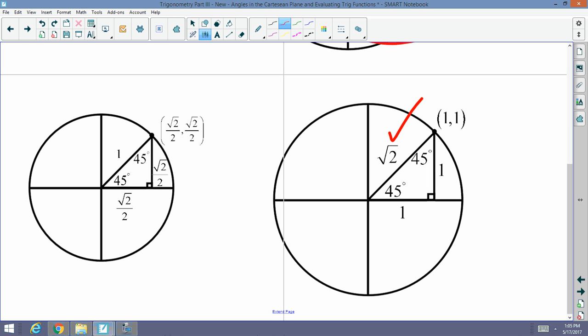What's square root of 2 over 2 times square root of 2? Well, square root of 2 times square root of 2 is 4. Square root of 4 is 2. 2 over 2 is 1. And again, square root of 2 times 2 over 2 is 1 again. So that's how we have my 45, 45, 90 triangle. That is 1, 1, square root of 2. No, that's not in the unit circle, but it came from the unit circle.